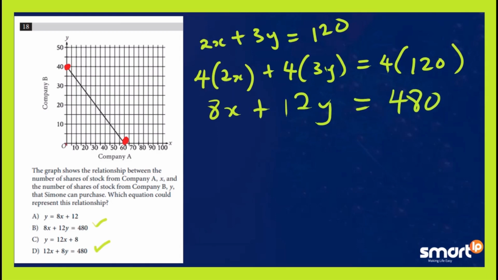Now you can see that we have arrived at the last answer. And our answer, according to what we have here, is option B. Okay, you've gotten it. So B is our answer. Well done, you've done a fantastic job.